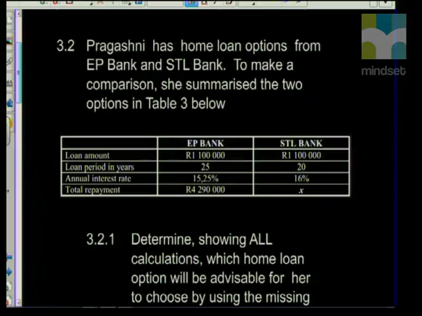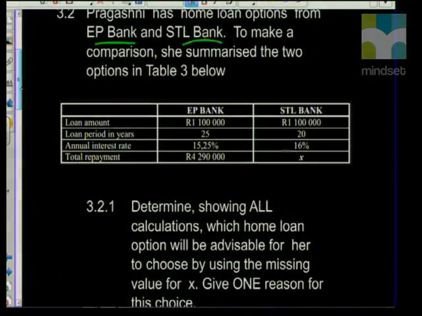Let's move on to the next part of the question, 3.2. We're told that she's given 2 options from EP Bank and STL Bank, and she's making a comparison. There's the different comparisons. She's decided she doesn't want the 1.3, she's going for 1.1.